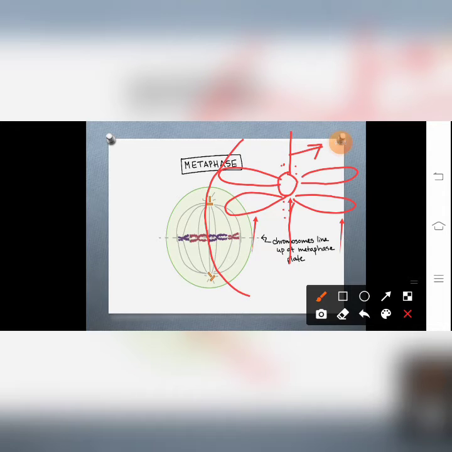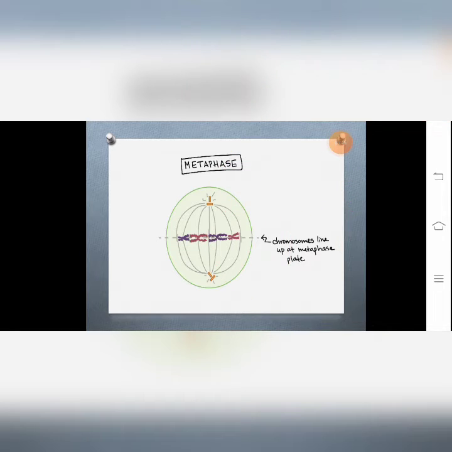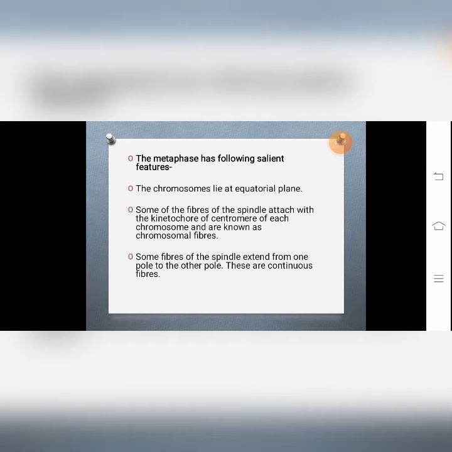Now what is going to happen? All the chromosomes are in the equatorial plane, and how have they reached the equatorial plane? This is due to the differential contraction of the chromosomal spindle fibers. Clear? Now we'll repeat the points. The metaphase has the following salient features. They are: the chromosomes lie at the equatorial plane.